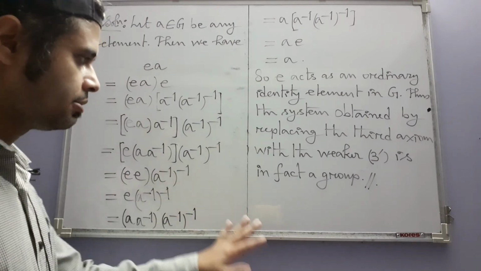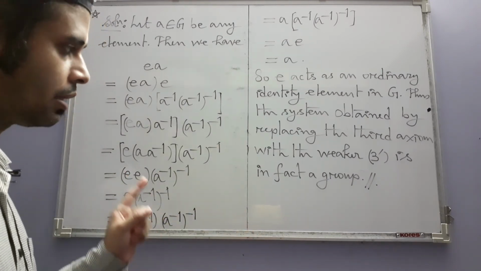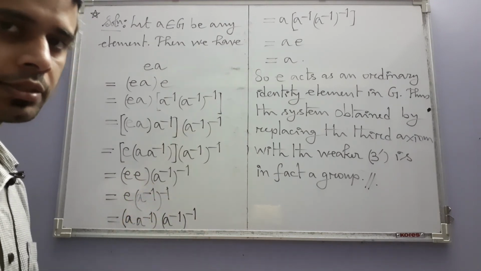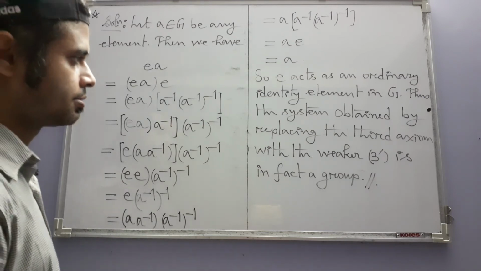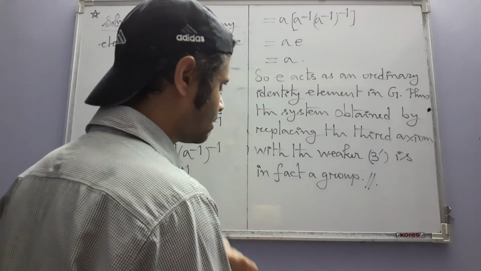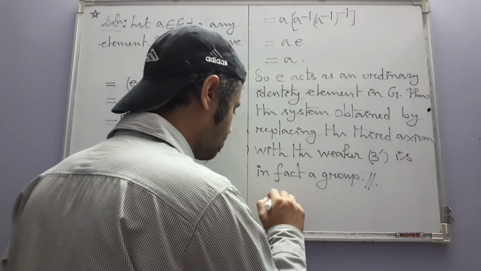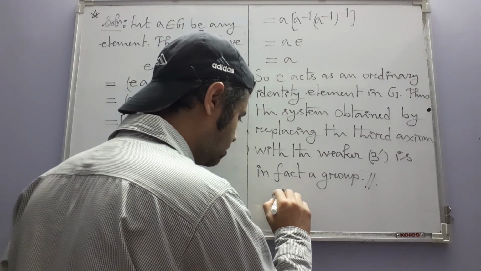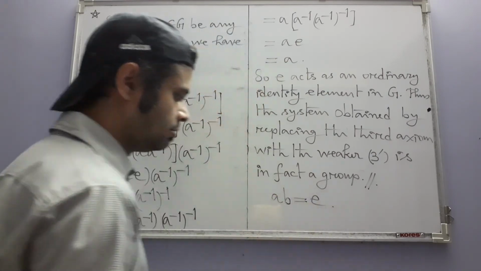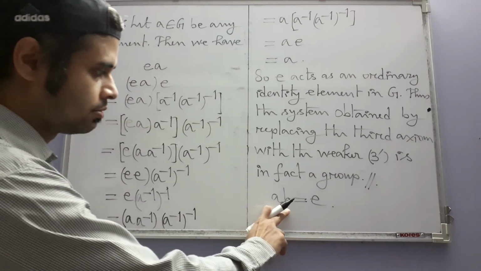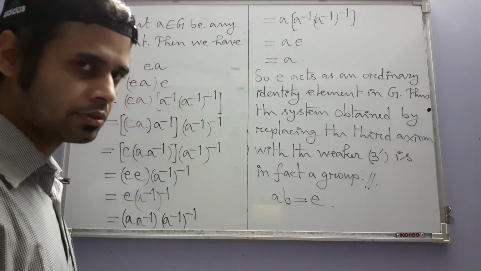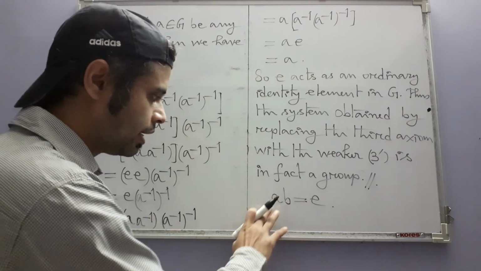And along this same line of thinking, actually one can relax or make the fourth axiom also weaker, just like this, and that corresponding system will also be a group. Namely, in the fourth axiom, you just demand that there is a B such that AB is E. No need to demand additionally that BA is also E, because one can prove that.